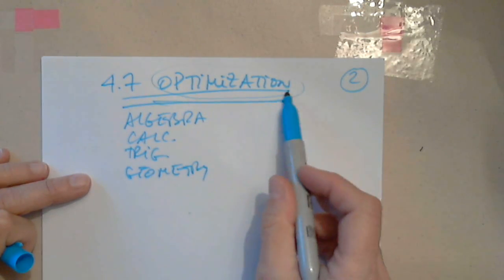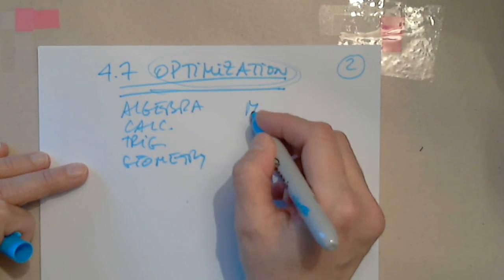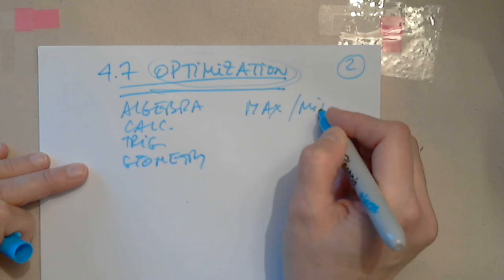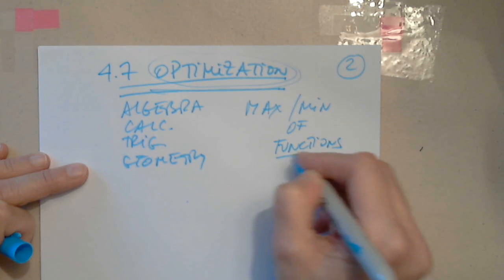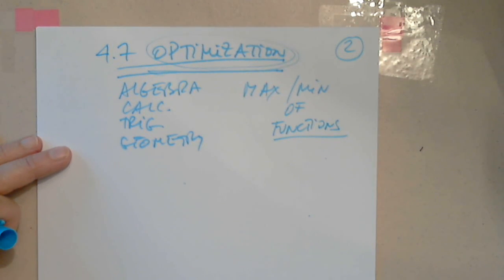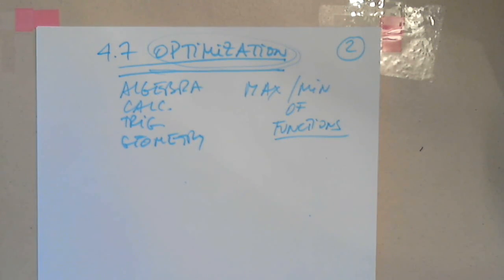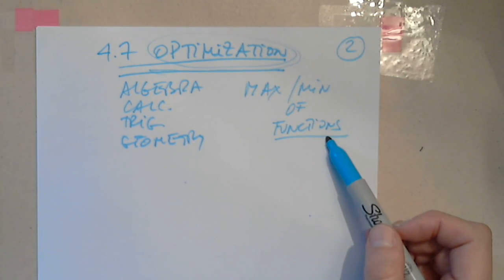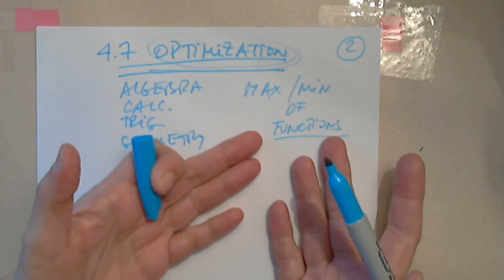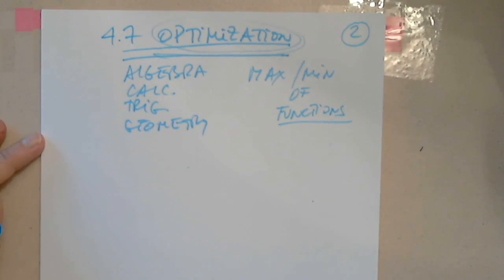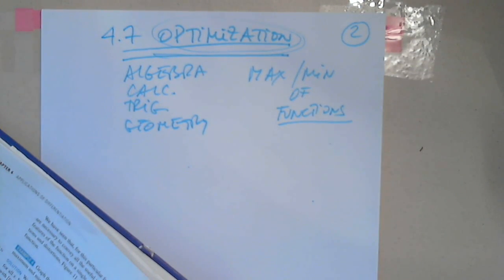Optimization is huge. It deals with max, min of functions. Well, of course, I have to have the function in order to find its max, min. How will I find its max, min? Of course, determining the derivative. The first derivative, of course. Okay, so let's start with a simple example.